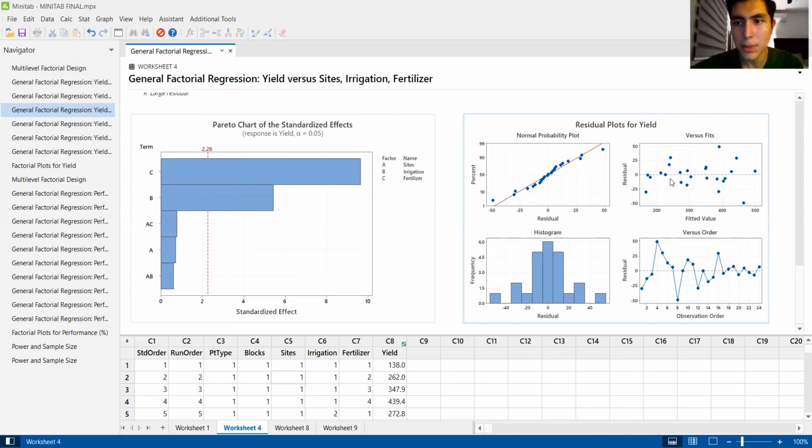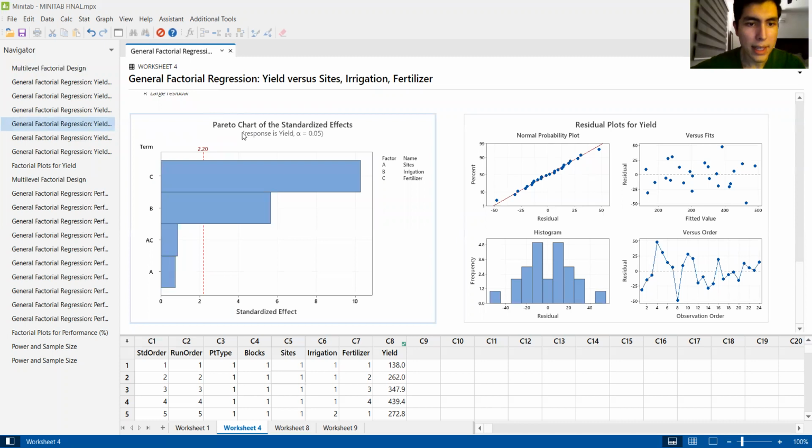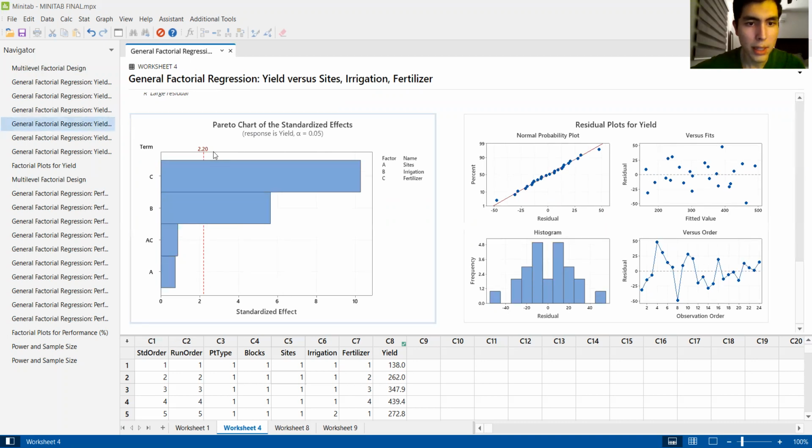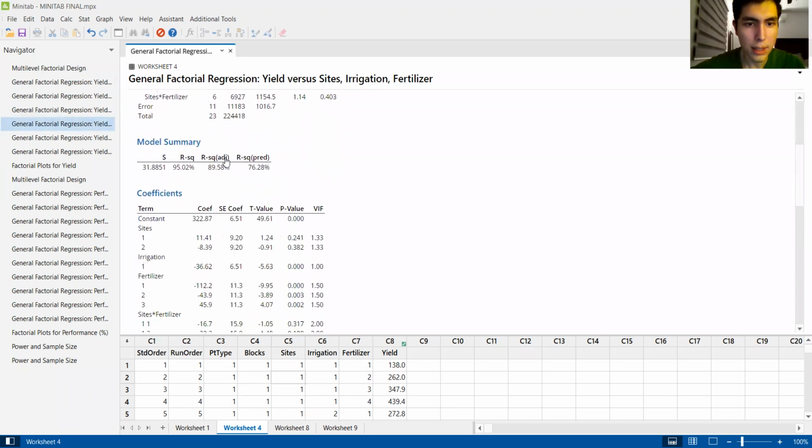And the versus fit is still showing some kind of funnel shape. So I made the analysis again. I took out the A and B interaction. And after doing that, I got an even better R square adjusted and R square on the model summary.